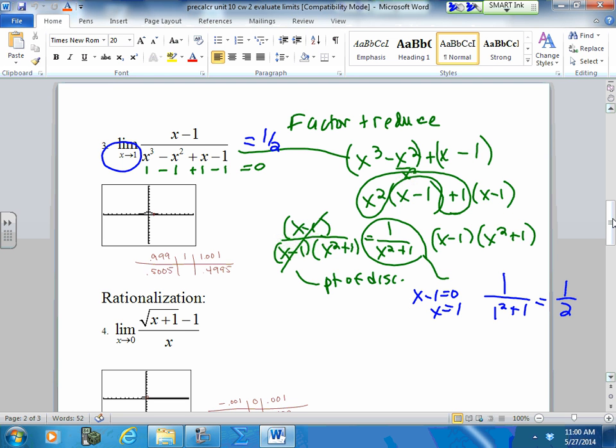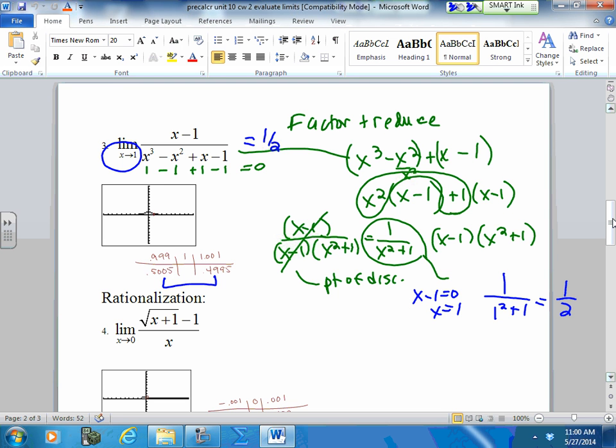Now, graphically, doesn't this work? Doesn't it approach 0.5 from both sides? We did the graphic part Friday. All we're doing this time is the algebraic part. Your point of discontinuity happens when you factor, you have a common factor that you can take out.